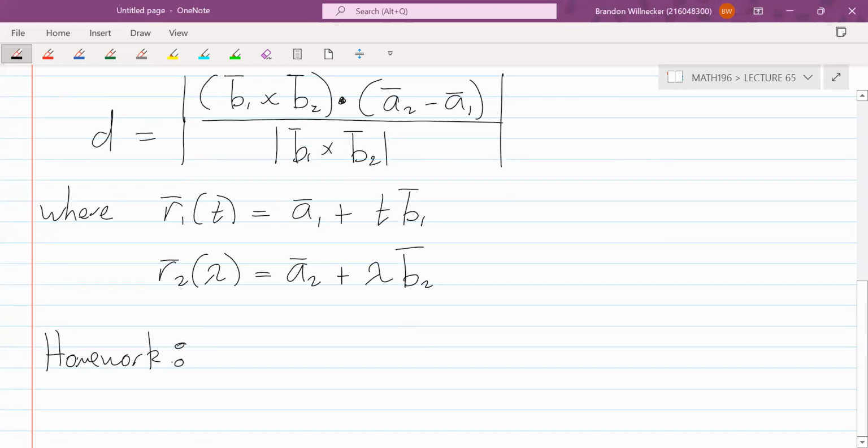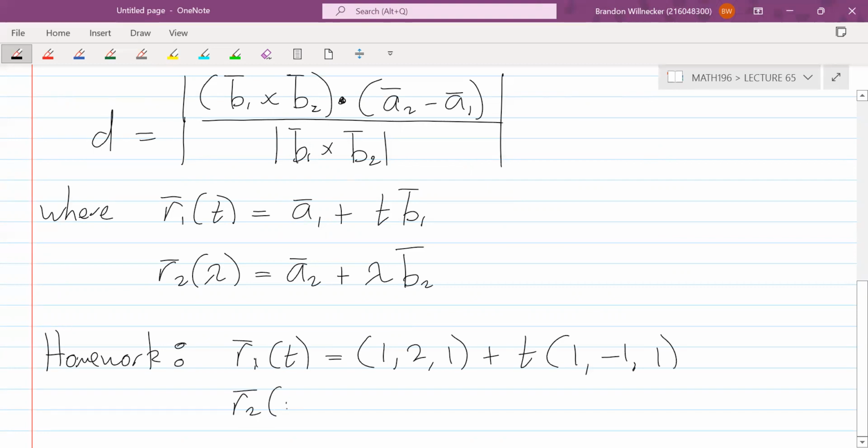So let's say we've got R1 of T. That's given by (1, 2, 1) plus T times (1, -1, 1). And R2 of lambda, that's going to be (2, -1, 1) plus lambda, just so that they're different, (2, 1, 2).